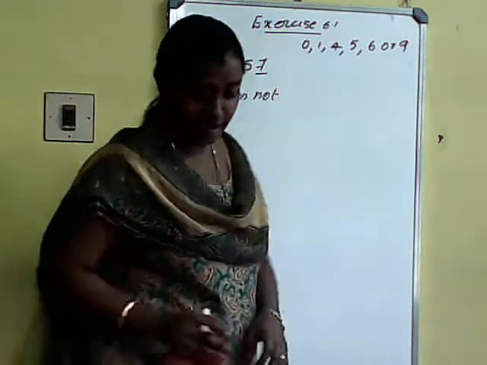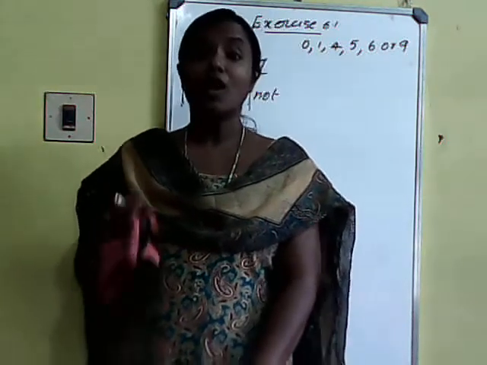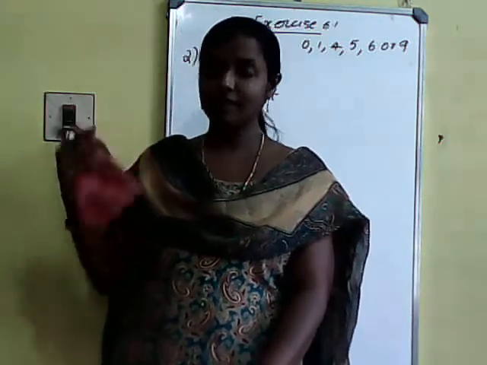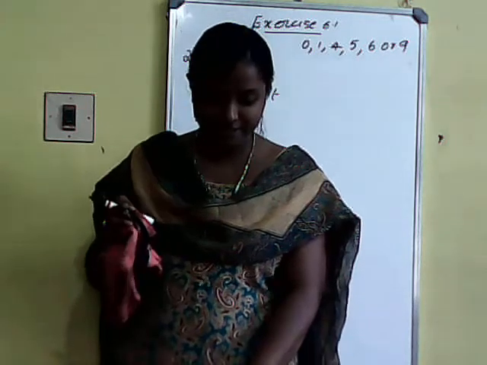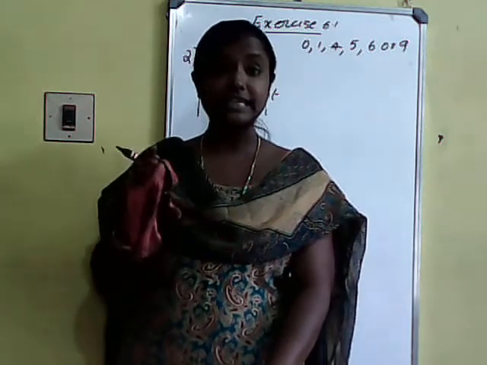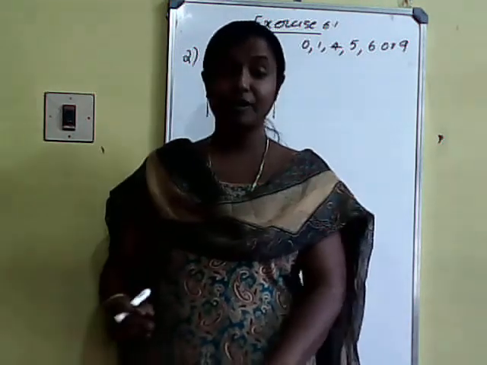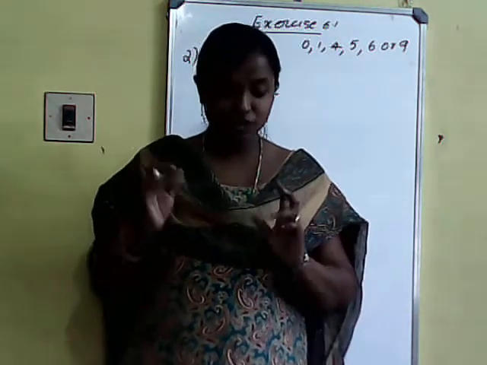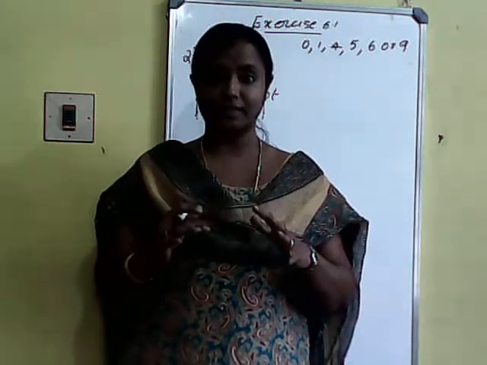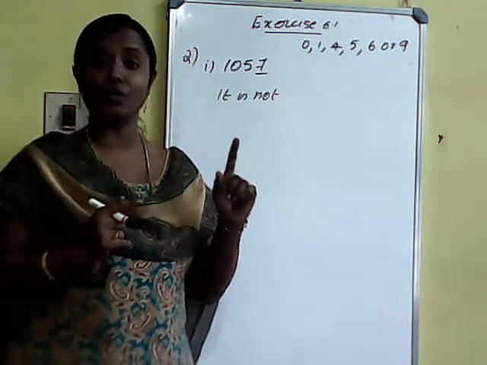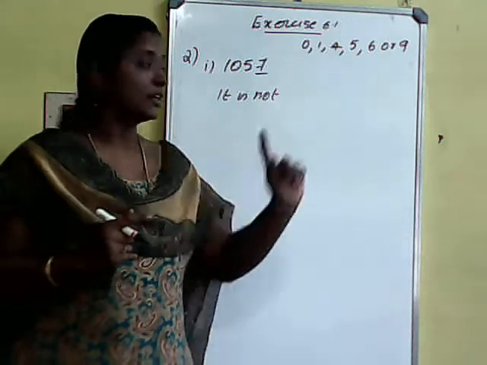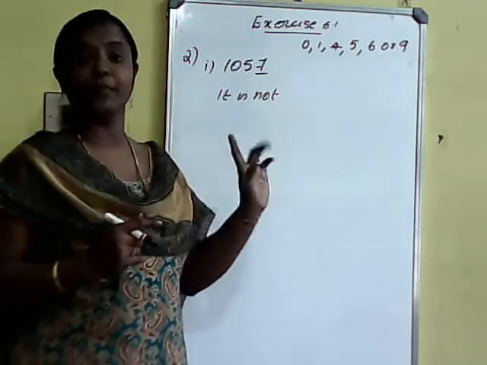Clear? That is the reason. The number 1057 is not a perfect square because it ends with 7 at its units place, whereas square numbers only end with 0, 1, 4, 5, 6 or 9. So this is not a perfect square.